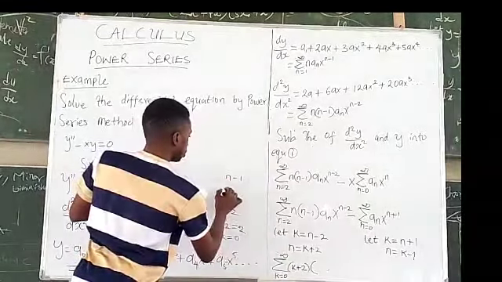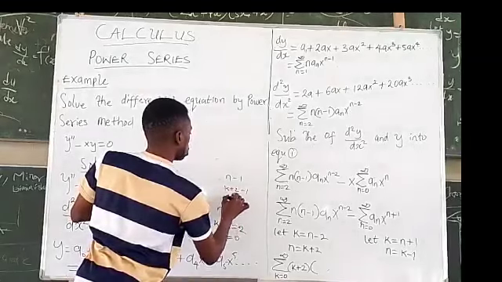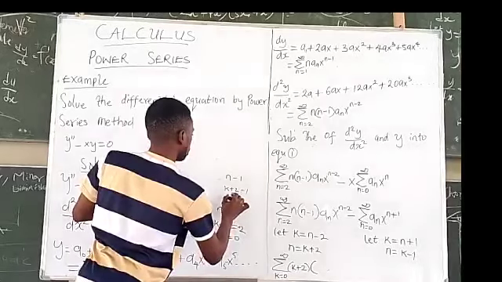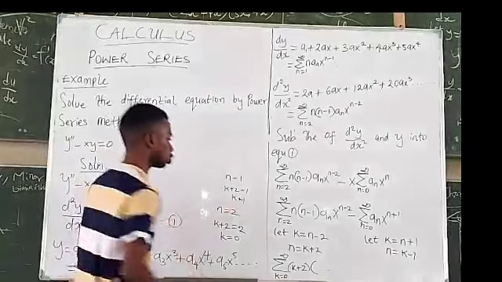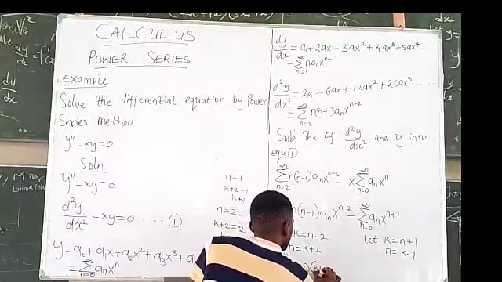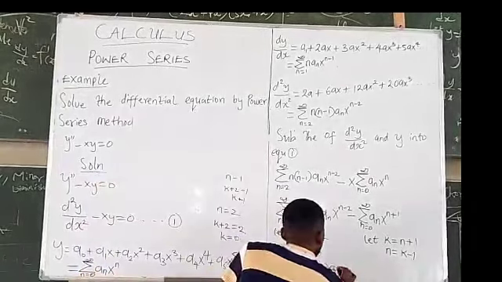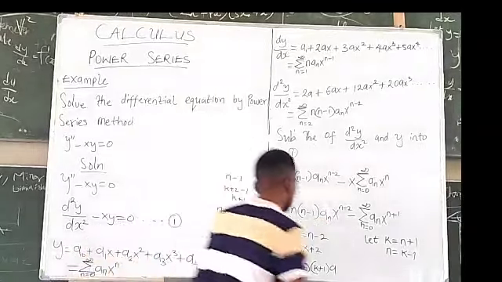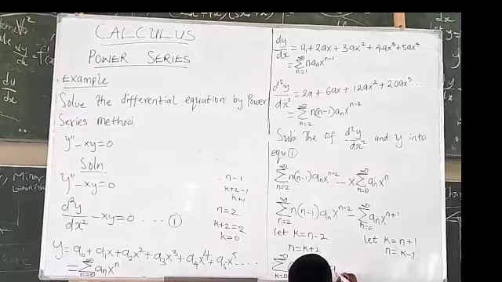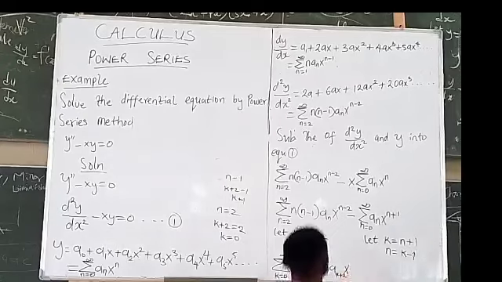Then our n here now becomes k plus 2 minus 1, becomes k plus 1. So here becomes k plus 1. Then our a, we substitute the value of n, which is k plus 2 here, k plus 2.